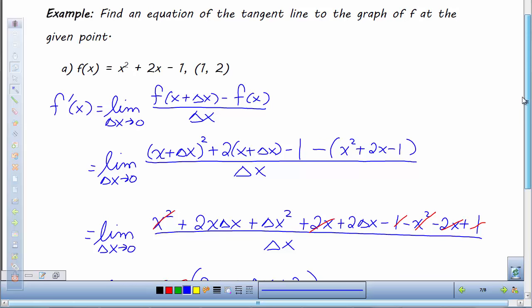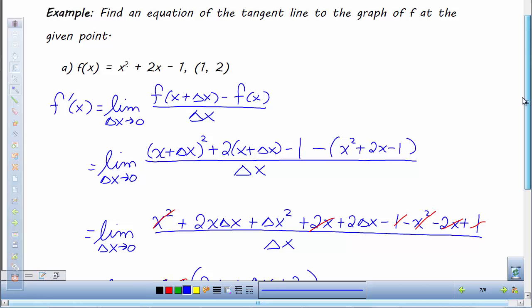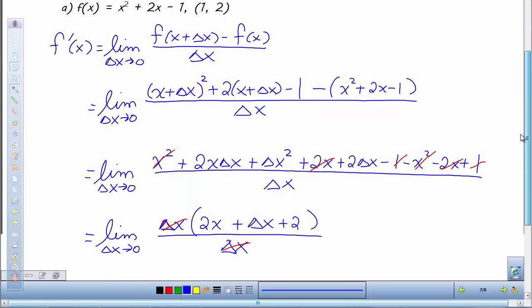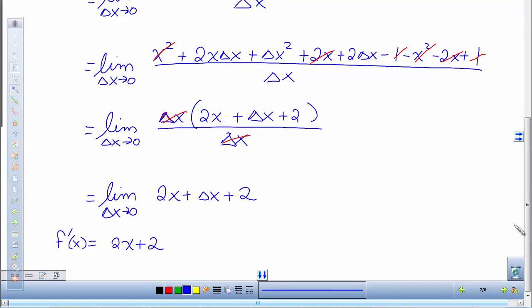So the first thing I need to find out is what is the slope at the point 1, 2. When we talk about the point 1, 2, that means we have an x coordinate of 1 and a y coordinate of 2. So I can find my slope. My slope, m, equals f prime of 1.